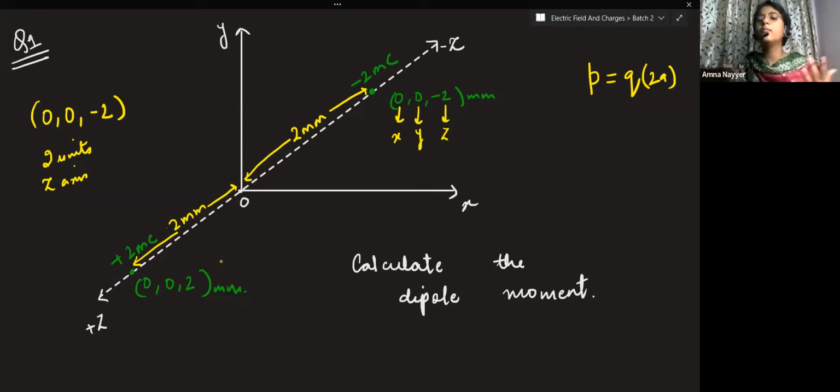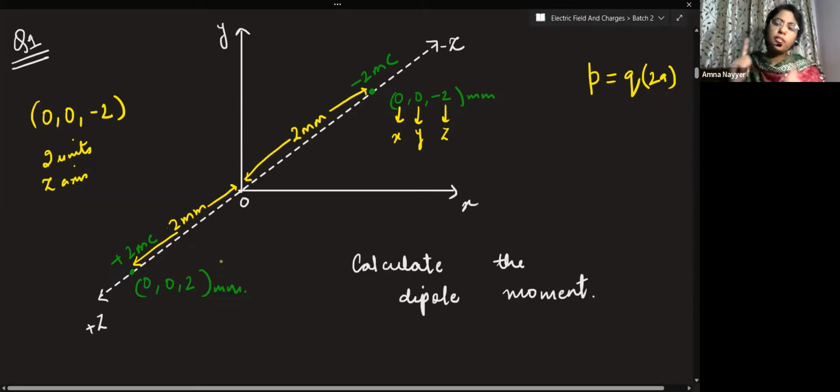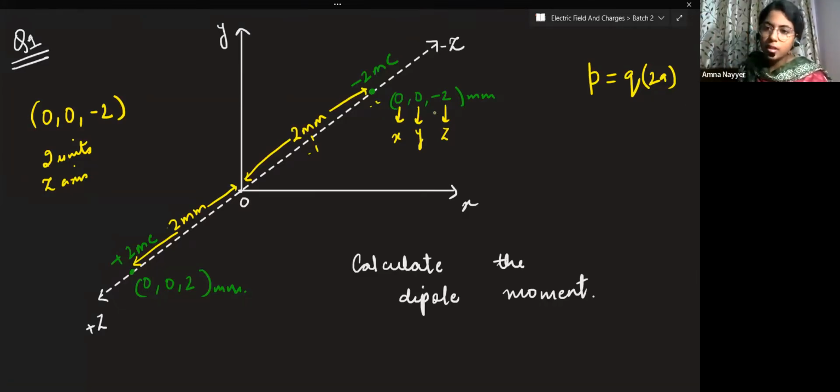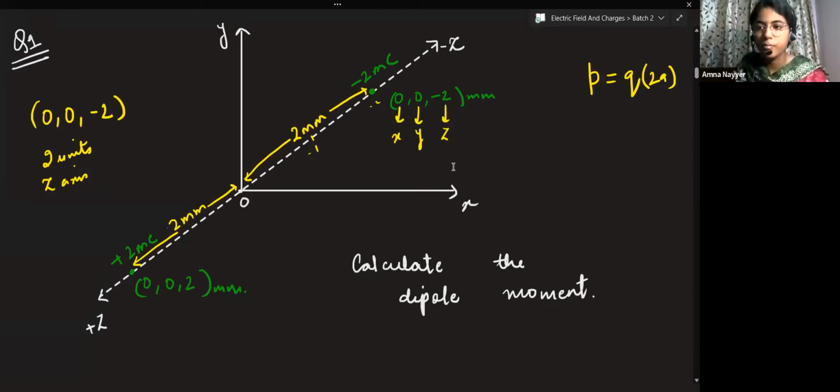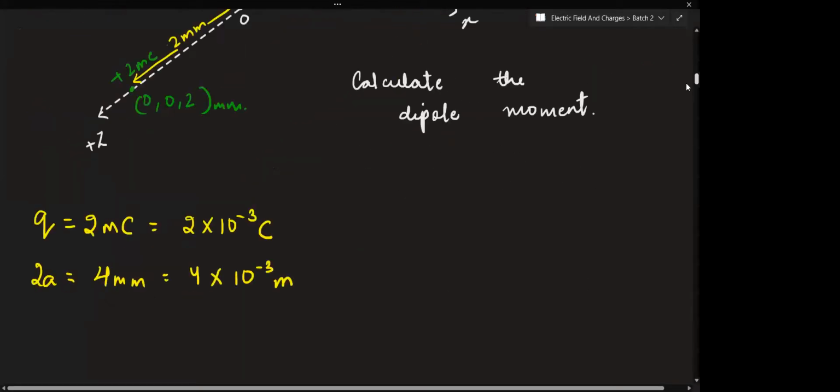Even if minus 2 is given, it is like that in the coordinates. If the graph is drawn, this will be minus 1, this will be minus 2, but you have to take out the magnitude. You don't have to consider the negative sign. All right, so this total becomes 4. Yes, teacher. Thank you very much.